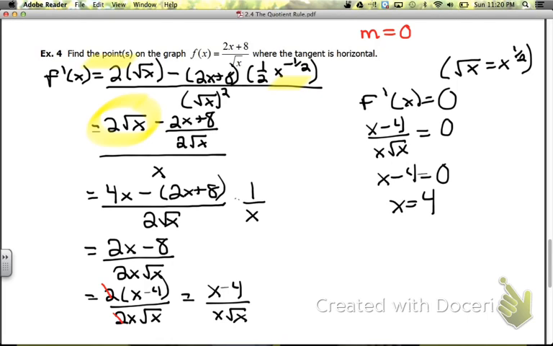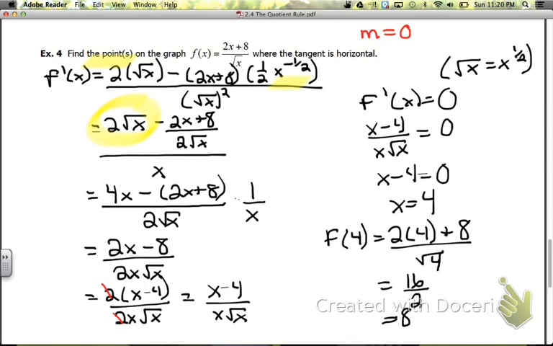And since I'm trying to find a point, I now need to know what my y value is. So I just sub that 4 in to my original. So we have 2 times 4 plus 8 all over the root of 4. We get 16 over 2, which is equal to 8. So therefore, the point is 4, 8.